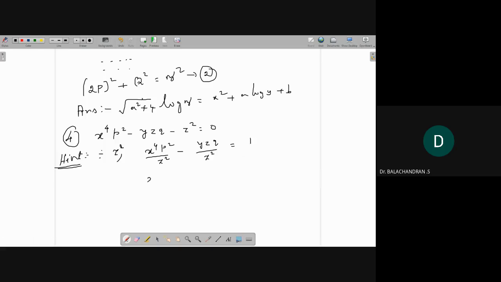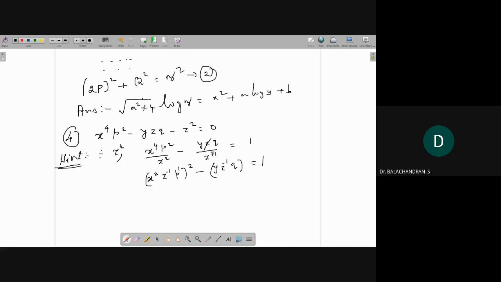Now you can write this as x square z power minus 1 p whole square minus y z power minus 1 q, because after cancelling you have 1, so I will write z in the numerator. So y z power minus 1 into q equal to 1.